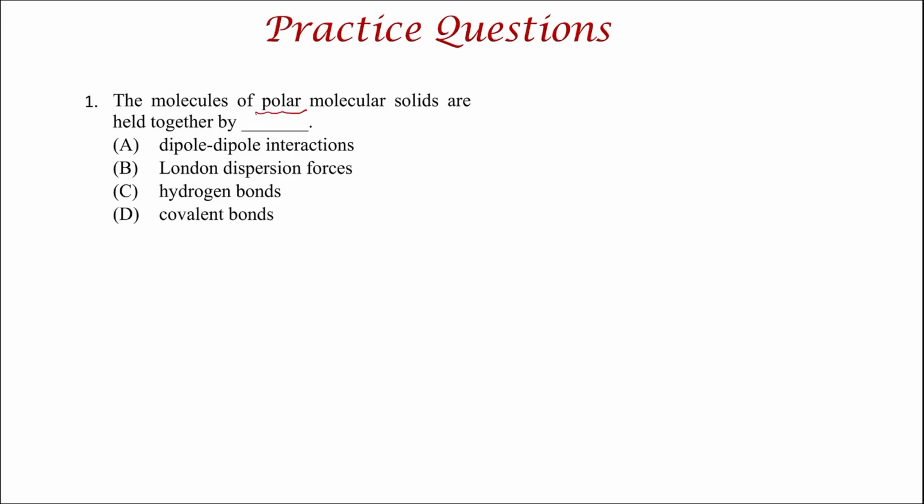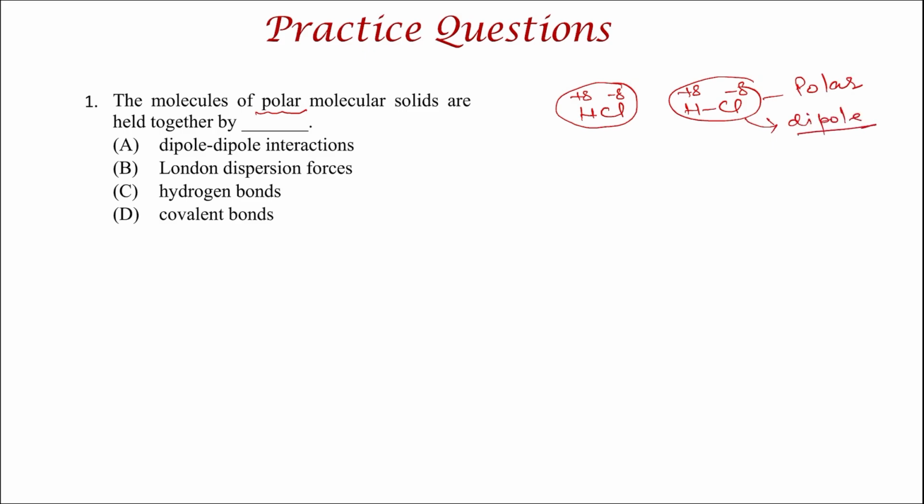I just said that wherever there is polarity, like the HCl example I gave. In HCl molecules, delta negative, delta positive, delta negative, positive and delta negative. So this is a polar molecule first of all, and if it is polar, it is called a dipole. There are 2 poles, that is one positive and one negative. Here again it's a dipole, and between these two dipoles the forces of attraction are present, between delta positive and delta negative.